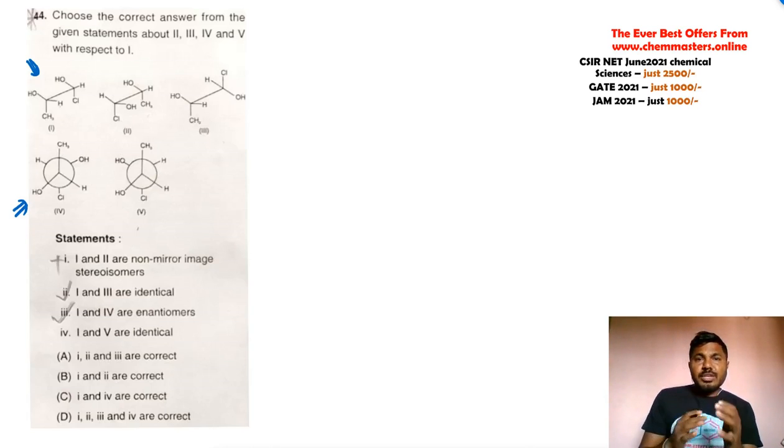So we need to have a command of these conversions of the given isomers or conformations. If you have a strong command of the conversion of these projections, then we can solve these kinds of questions in many chemistry examinations.